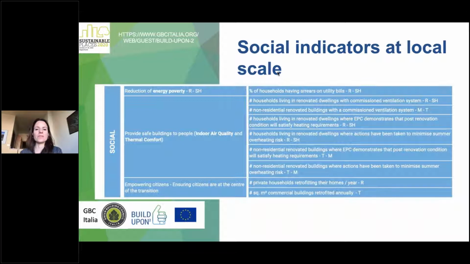So indoor comfort is evaluated through heating and cooling demand, and energy poverty has been addressed as the percentage of households having arrears on utility bills. The social part was also due to empowering citizens to privately retrofit their homes. So how many people are actually able to retrofit their home?